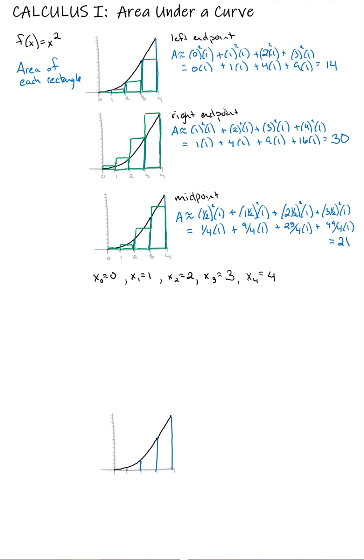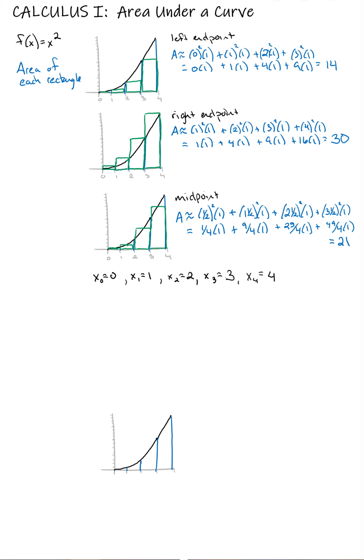So kind of right there in the middle of the two. And you'll notice this is actually not a bad approximation. We kind of like using this one because we have a little that's under and a little that's over, and they kind of balance out. So that's actually a really nice way to go about finding these areas.